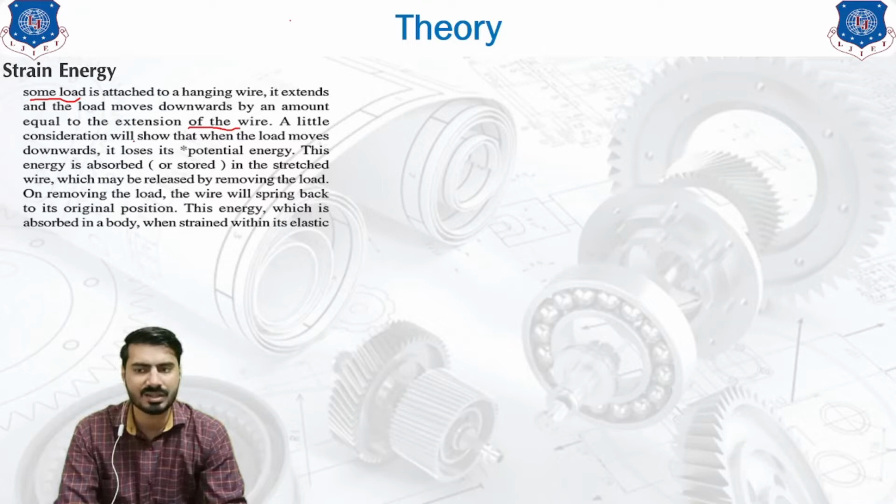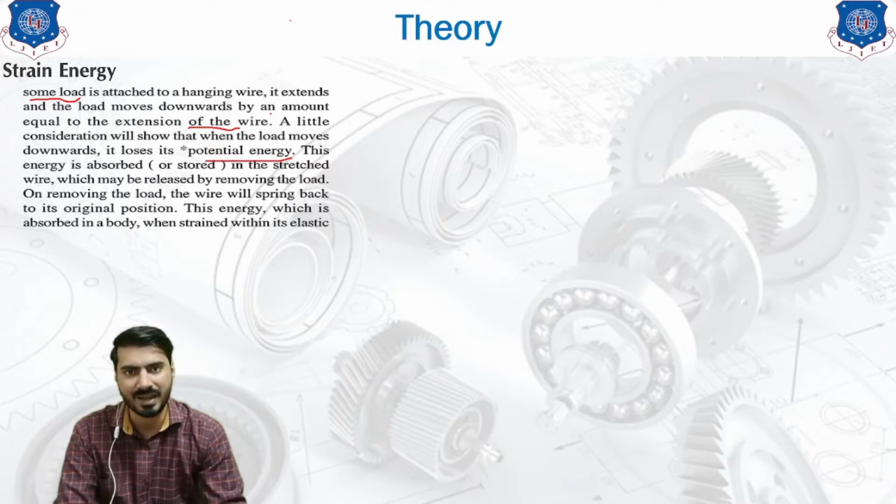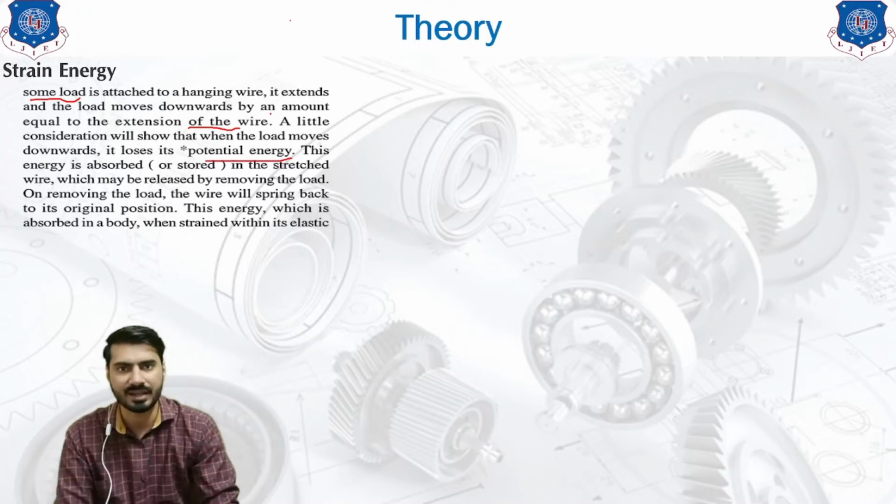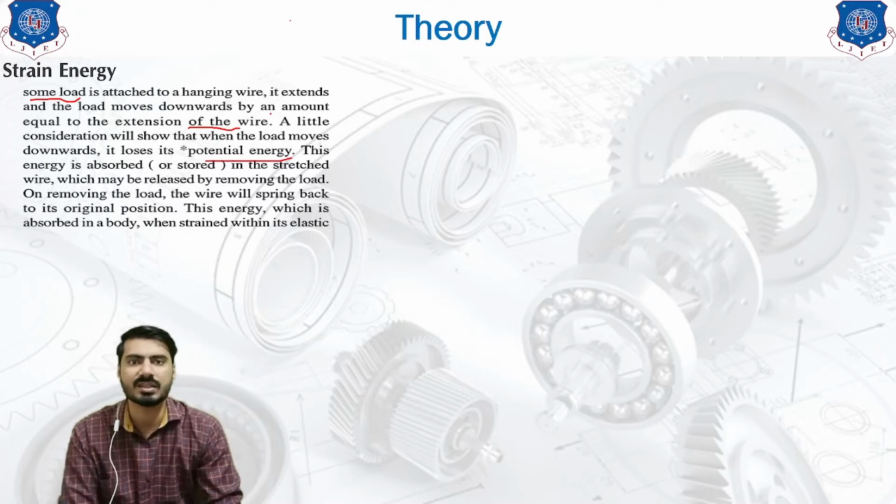A little consideration will show that as the load moves downward, it loses its potential energy. So whatever potential energy is lost by the load, that energy is absorbed in the stretched wire. Energy can neither be created nor destroyed, and that is why only a conversion is happening.